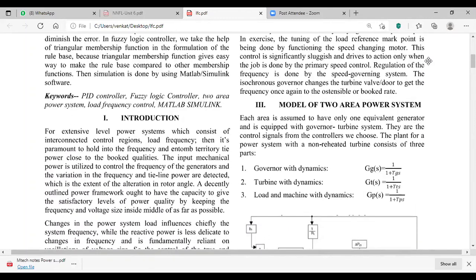So these are the equations for your governor dynamics, turbine dynamics, load and machine dynamics.